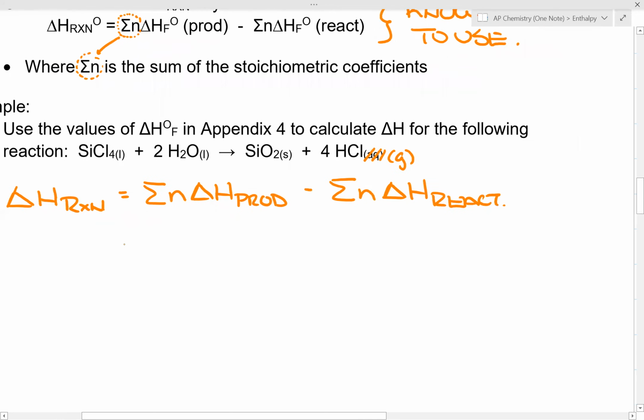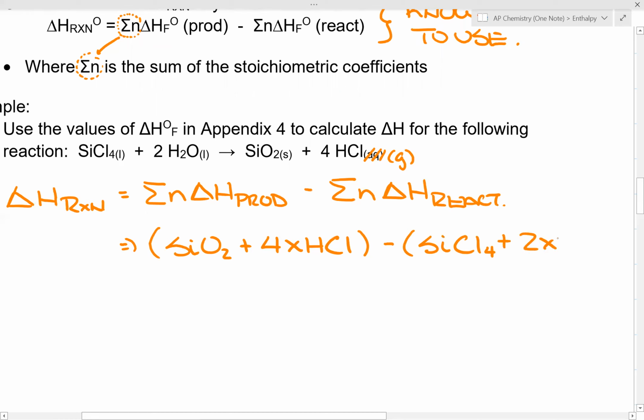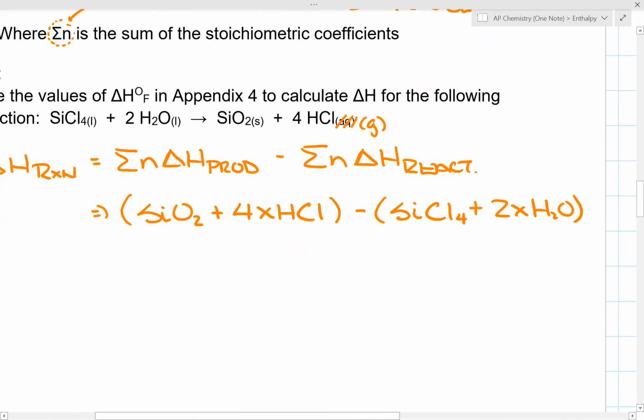So in this case, I would take SiO2 plus 4 times HCl minus SiCl4 plus 2 times H2O. And so we just look at Appendix 4 and find silicon oxide. So this would be negative 911 plus 4 times HCl, which is a gas.